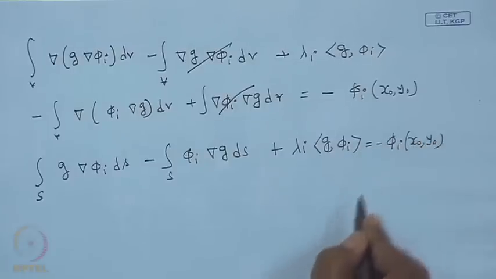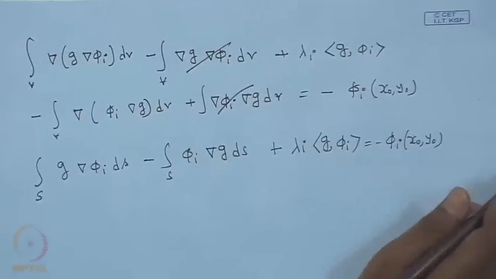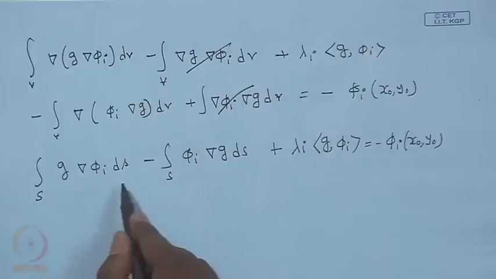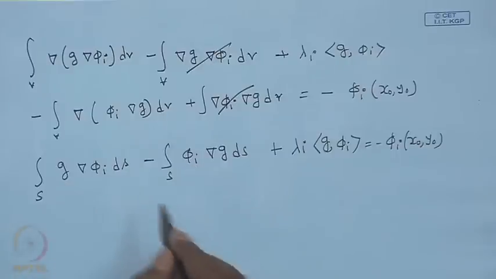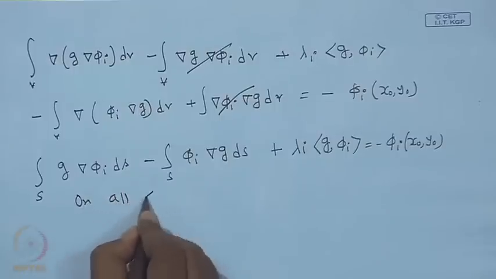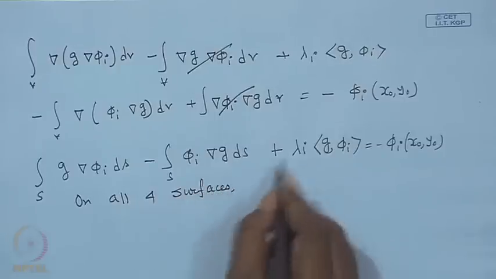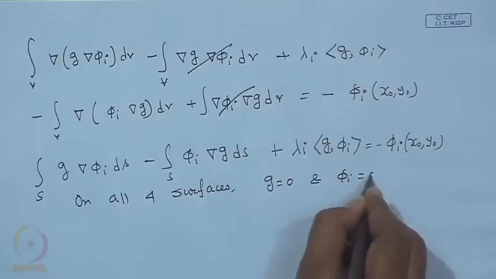x naught y naught. So, if you look into this equation to evaluate these surfaces, on all the 4 surfaces we have homogeneous boundary conditions on G and on phi I. So, on all 4 surfaces G is equal to 0 and phi I is equal to 0.